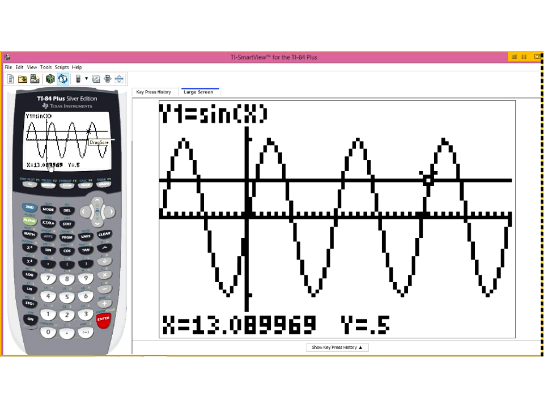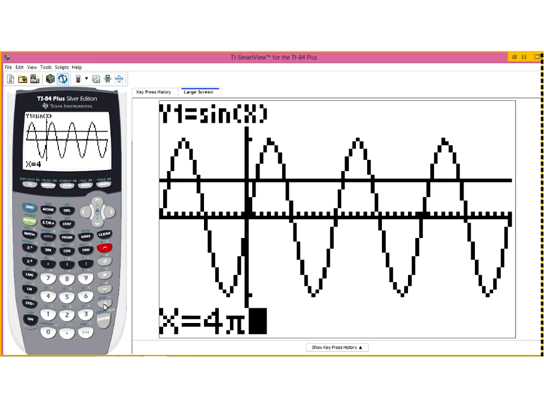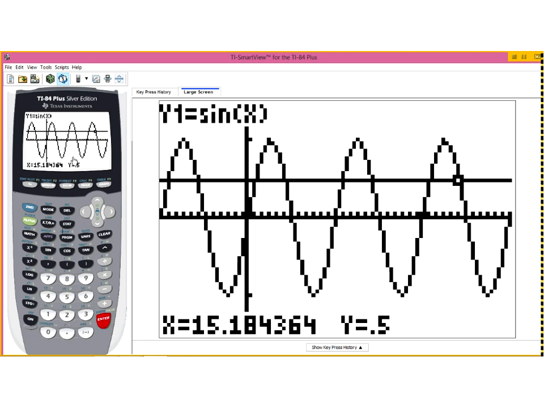And again, we're at another intersection. So there's a solution, and the last one is at 4 pi, and this really isn't the last solution. It's the last solution that we see on our screen. And we get another one. What about these back here?